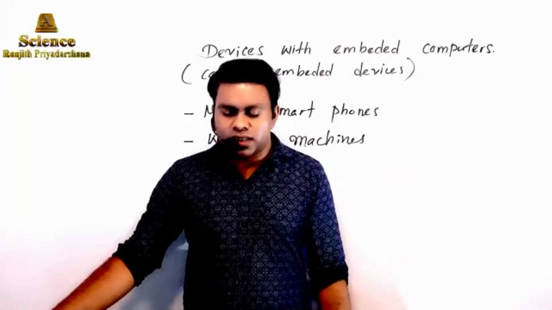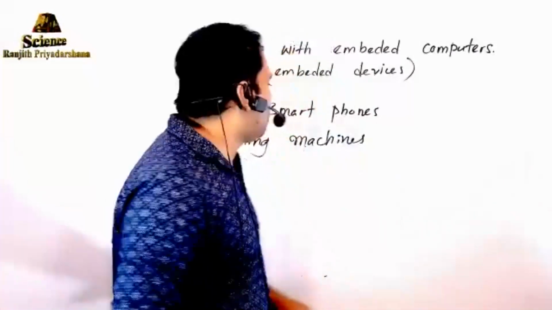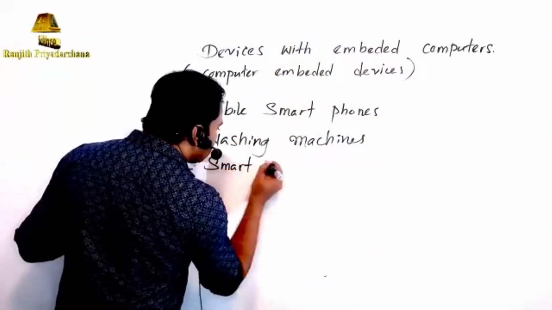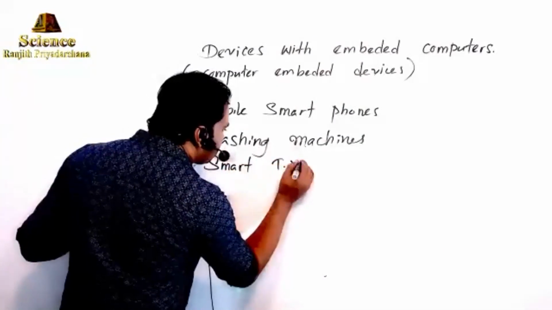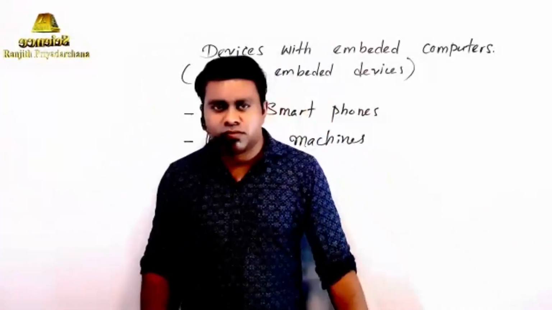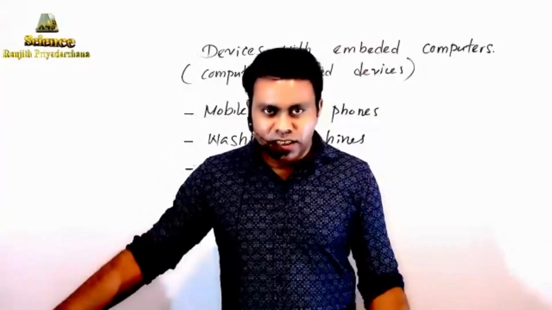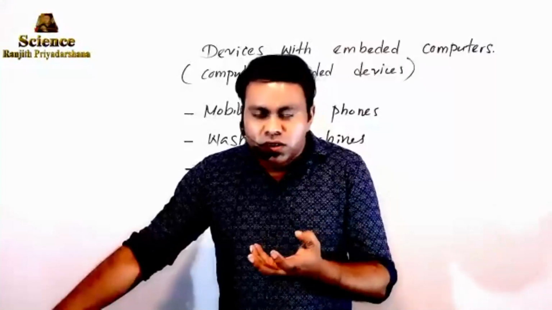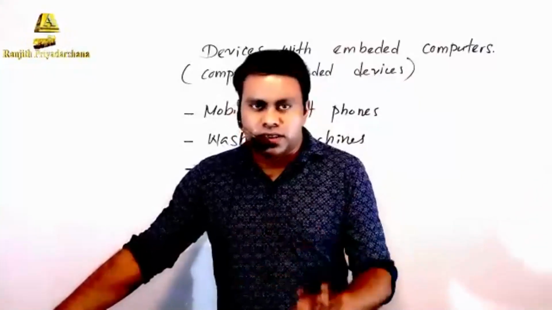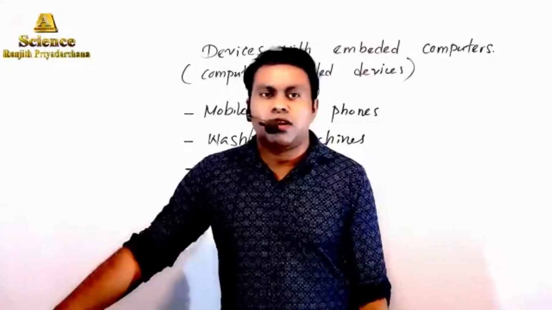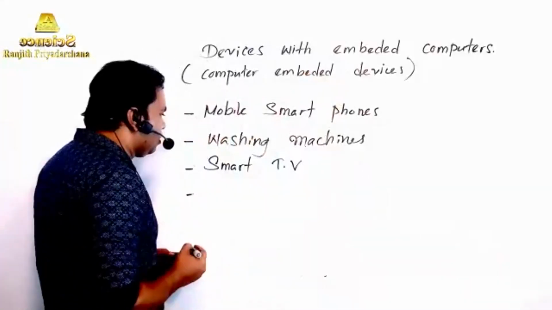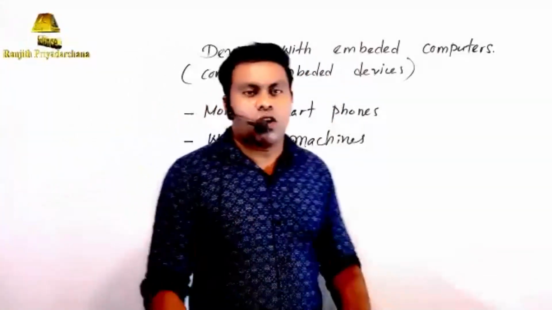Okay? Another thing, as I explained, smart televisions. Smart TVs. Yes, I want YouTube. But play YouTube. Right? If you tell it that, it can play it. Okay, you can control that by using the remote control. It can process all the things. Smart televisions. Okay? And another one is automobiles.